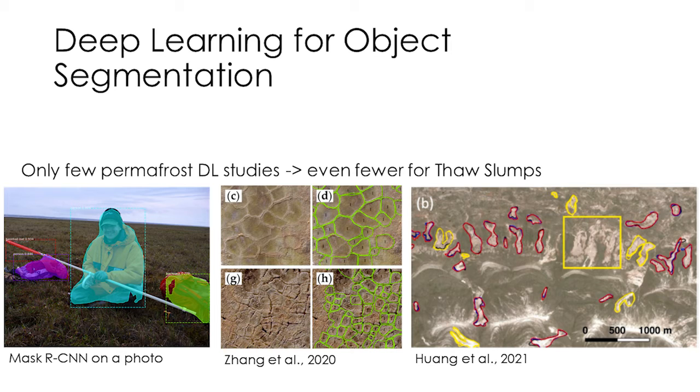But let's come back to permafrost. There are some studies working on mapping ice wedge polygons, which we see here in the middle, by Zhang et al., or Lingzhao Wang, who is already trying to segment retrogressive thaw slumps in the Tibetan Plateau.